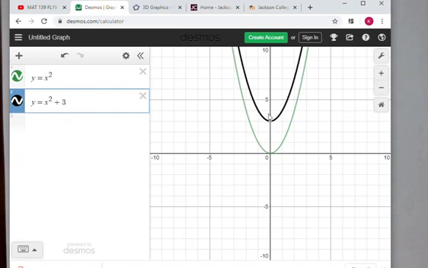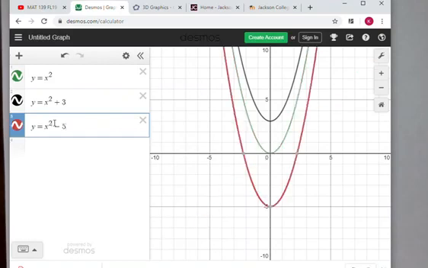Our graph seems to have gone up this time. And then y equals x squared minus 5. And here our graph's gone down by 5 units. Notice the vertex is exactly 5 lower than it was originally when it was at the origin. So when I added, it went up.